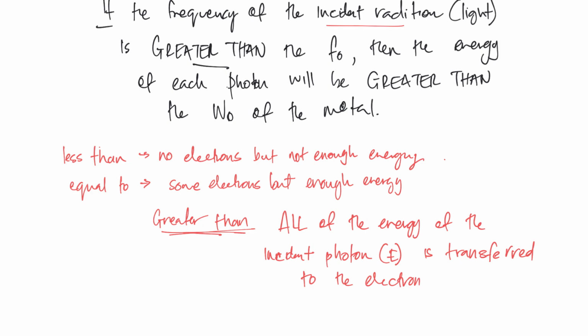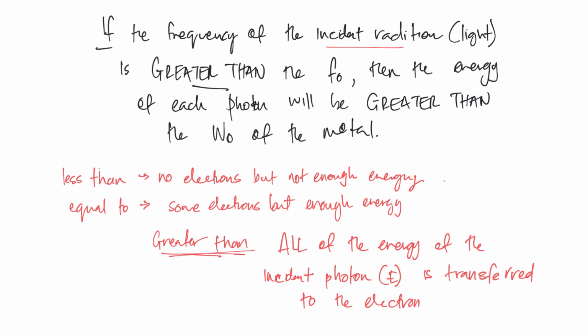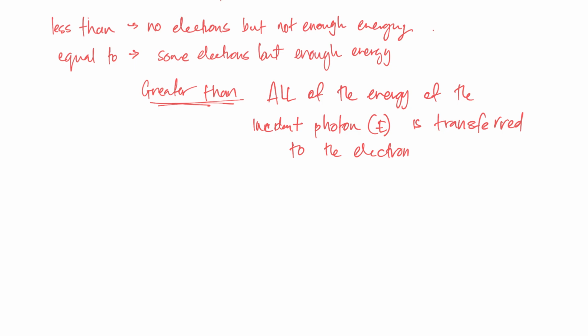I need the frequency of the incident ray to be greater than the threshold frequency, so that the energy of the photon is greater than the work function of the metal, right? And so let's just talk about that energy. Let's say I had a little box here of energy, right? And I had these little bits of energy everywhere. Use two colors.